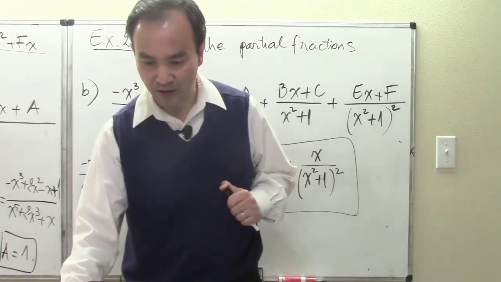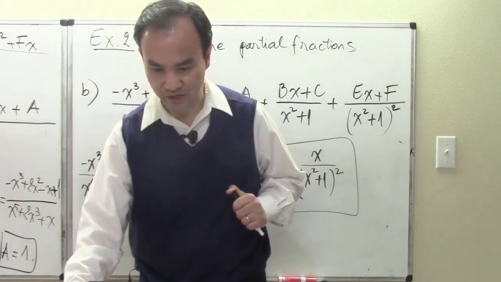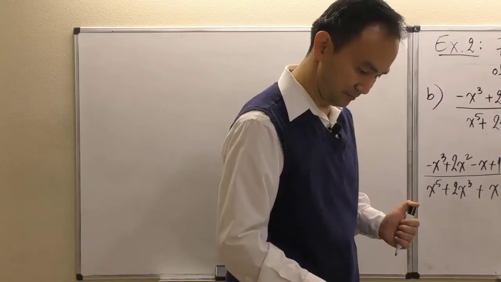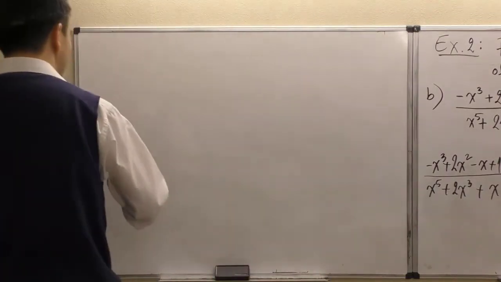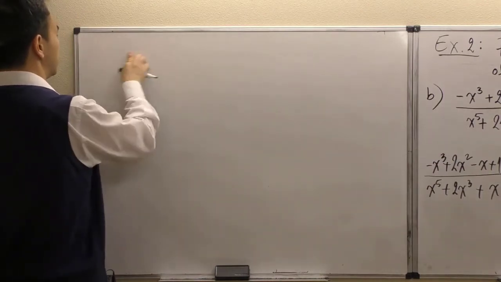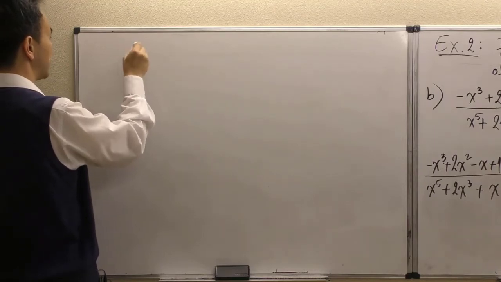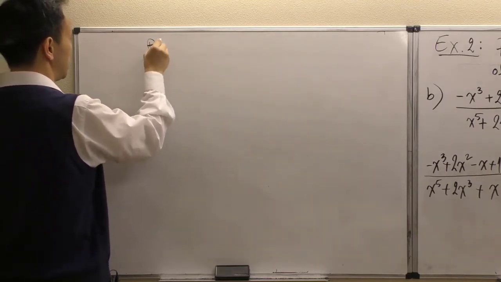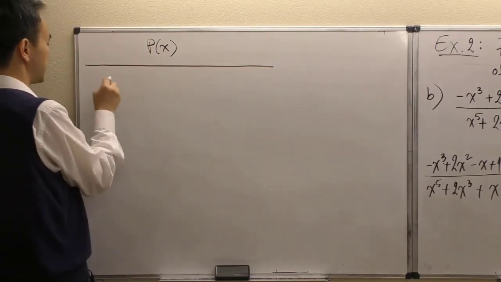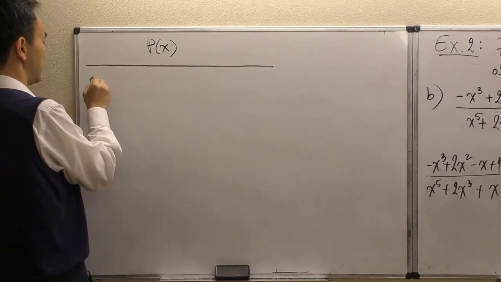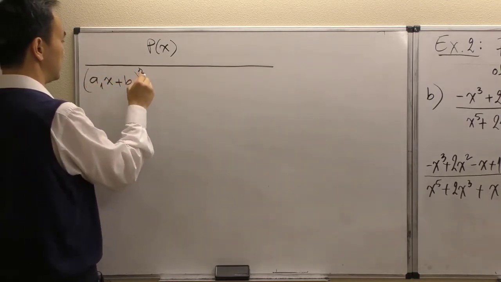And so now let's finalize the idea a little bit more as a generalization. If we have a rational expression that starts with some p of x in the numerator, and we divide, and that is over some linear factor, let's say a1 x plus b1 raised to some r1.